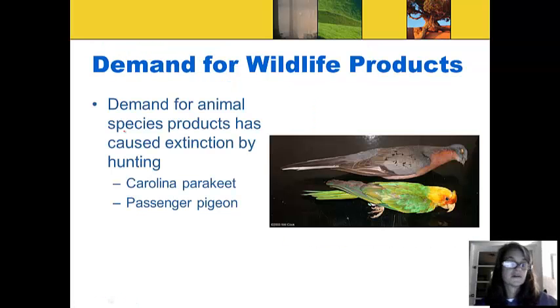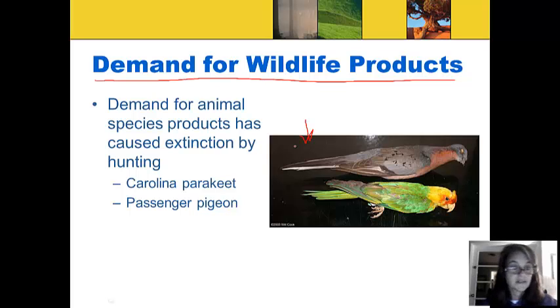Okay. Of course, there is also high demand still for some wildlife products, and these are animals that were driven to extinction because of hunting for them. The Carolina parakeet and the more famous passenger pigeon went extinct, and as did many other animals, so that feathers could be used for hats. The elephants are still hunted for their tusks, for the ivory.